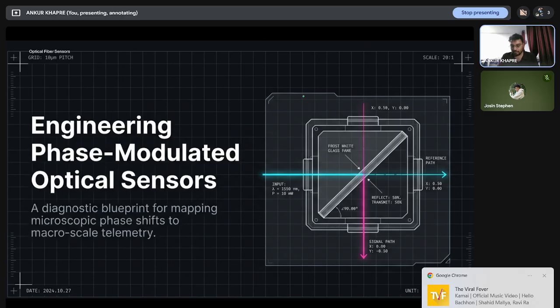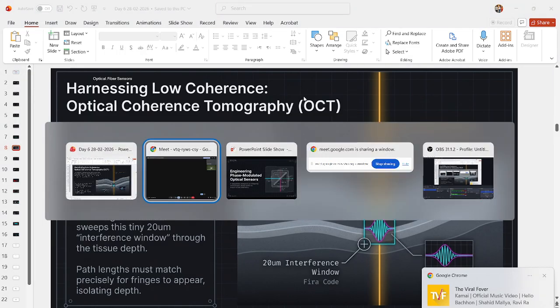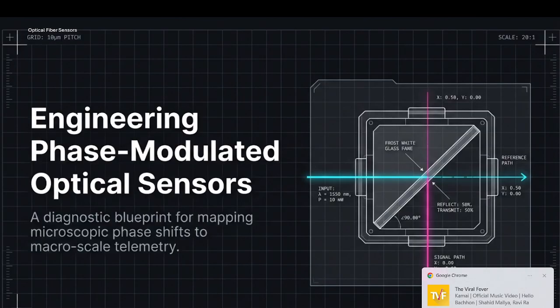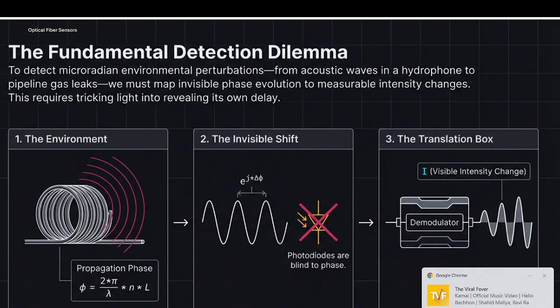So in this modulation there is a fundamental detection dilemma. To detect microradian environmental perturbations, from acoustic waves in a hydrophone to pipeline gas leaks, we must convert invisible phase evolution into measurable intensity changes. This requires making light reveal its own delay.